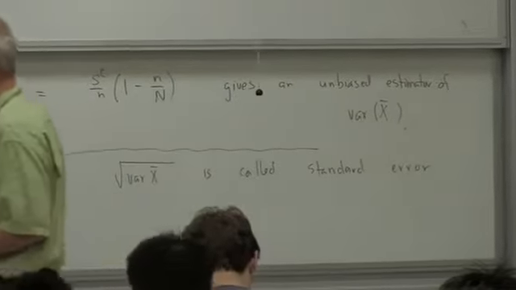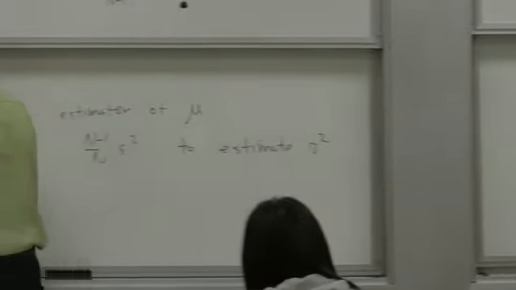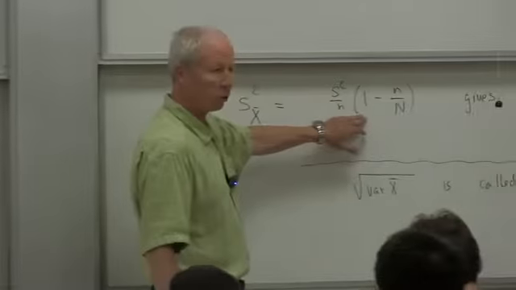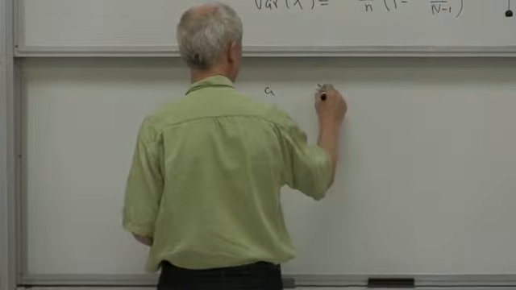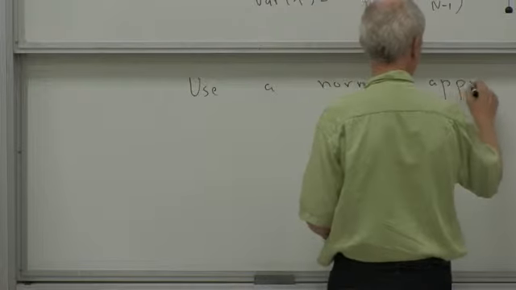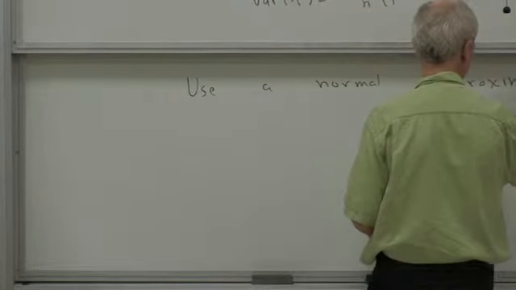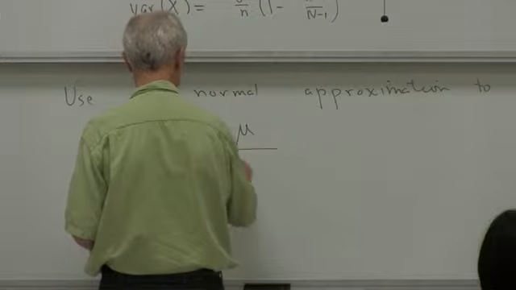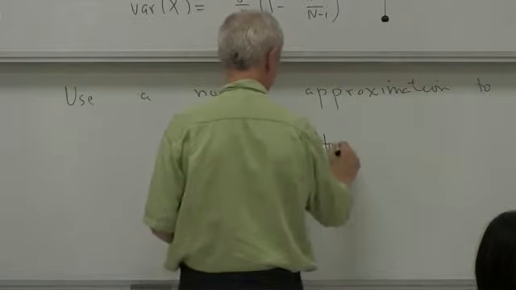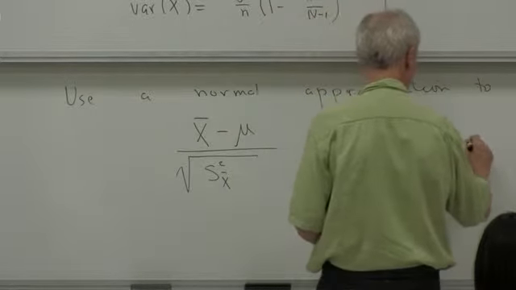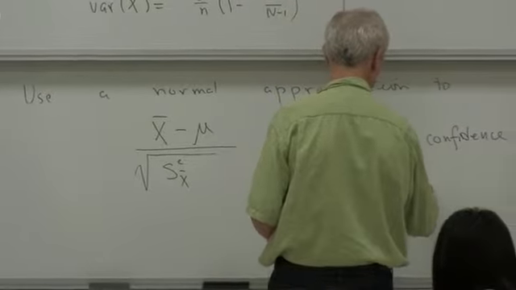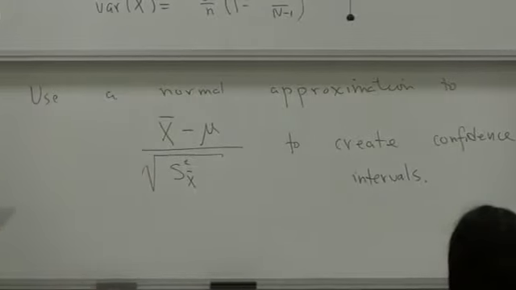And to make confidence intervals, we replace this thing which we don't know by this thing which we do know from the sample. Okay, so this would be approximately normal if little n is big enough.